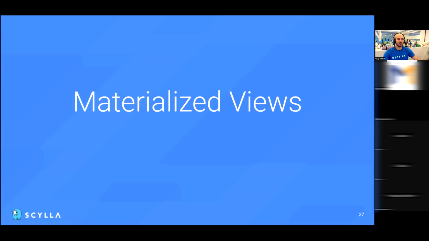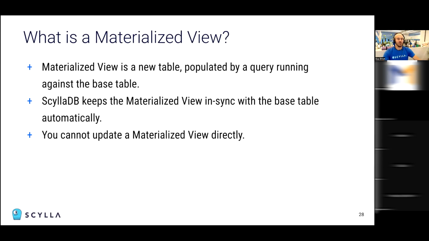The first one is something called Materialized Views. What is a Materialized View? A Materialized View is a new table that's populated by a query running against the base table.